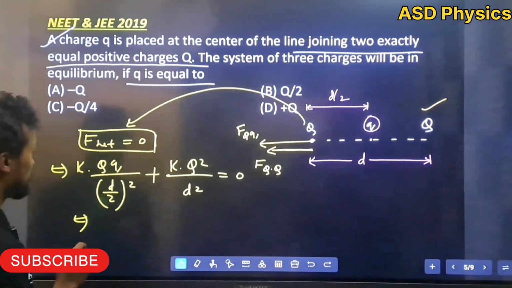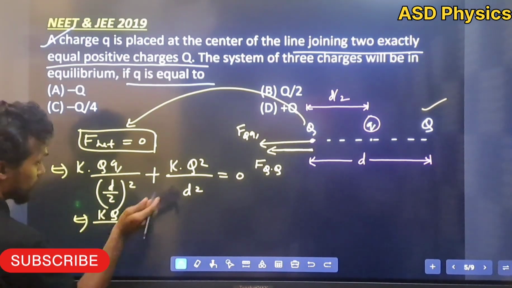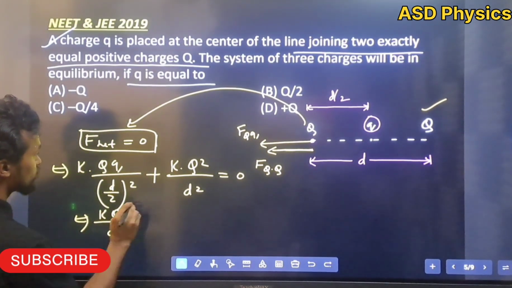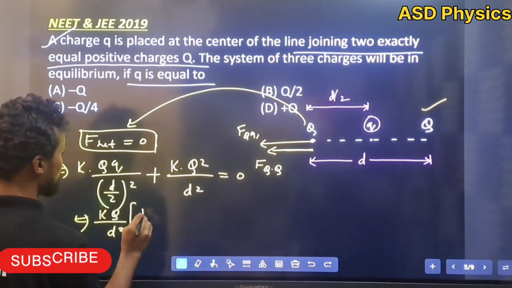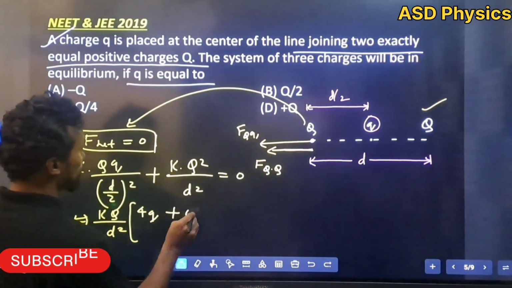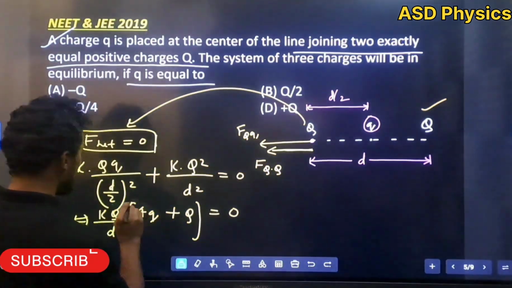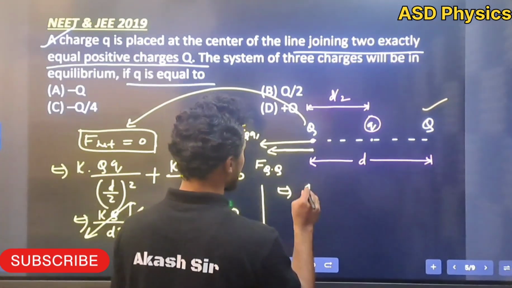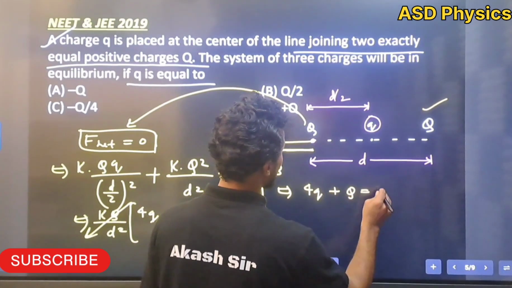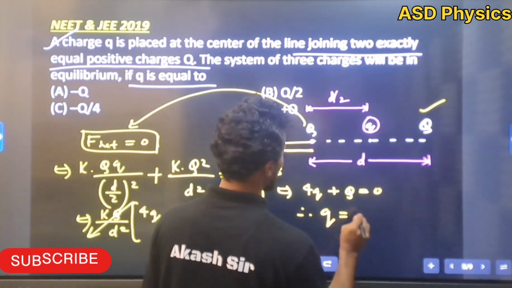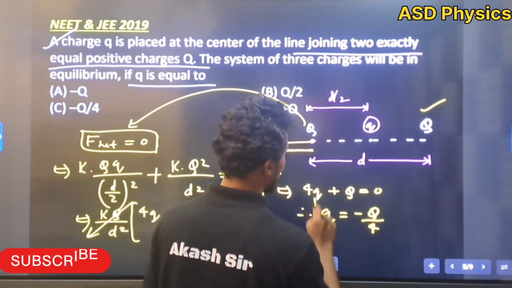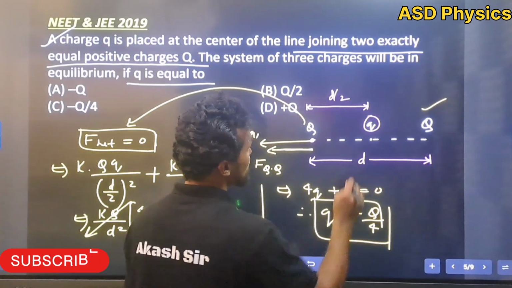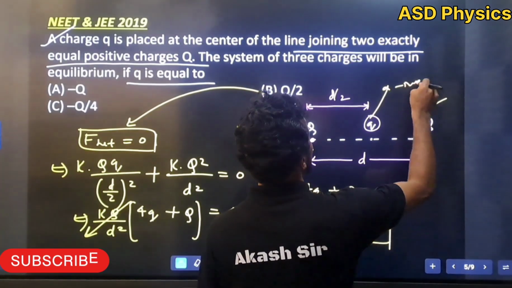Now let's take the common things. kQ by d square is common. So we can write 4q plus capital Q is equal to 0. This kQ by d square cannot be 0, so 4q plus capital Q will be 0. That means small q value should be minus Q by 4.